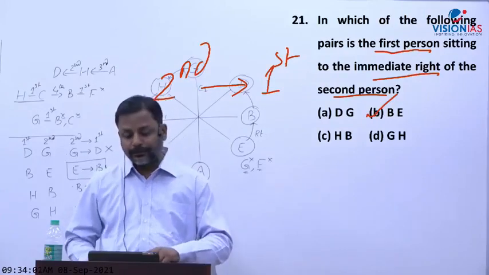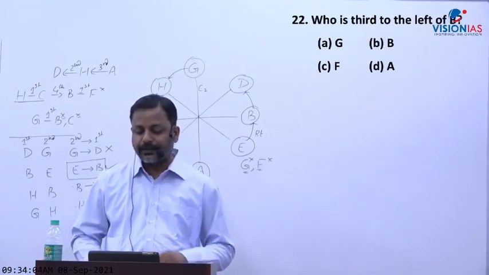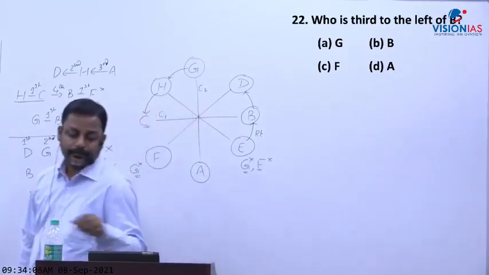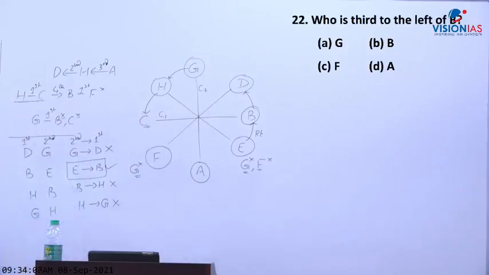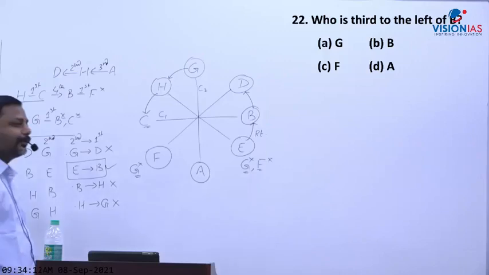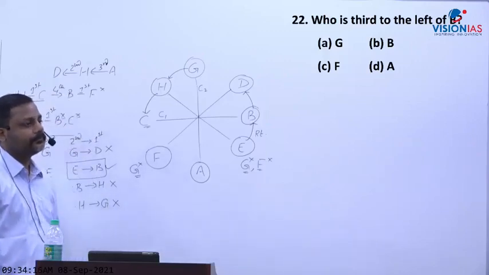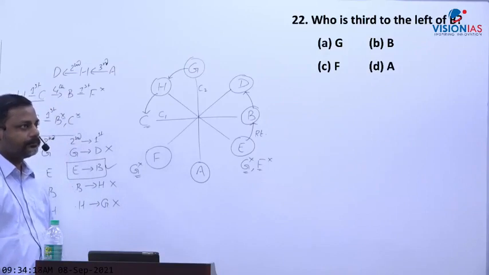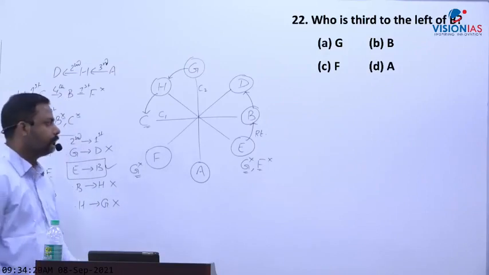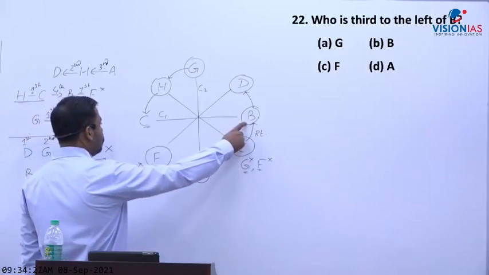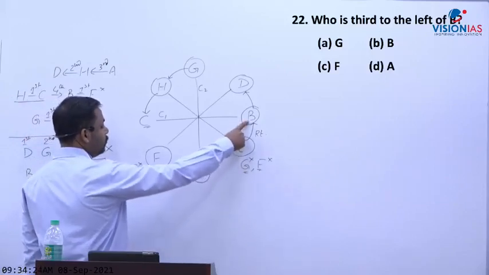So let's move to the next question now. Question number 22. Who is third to the left of B? So on the left hand side of B at third place, who is there?